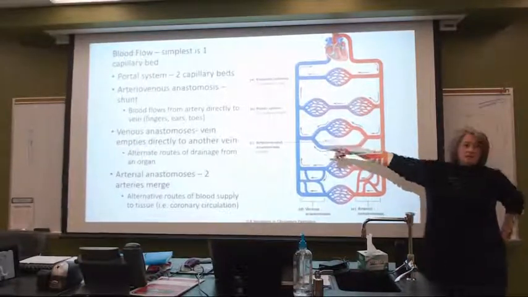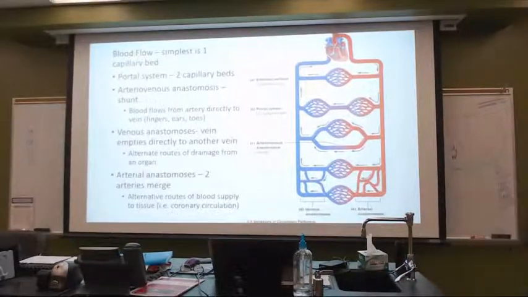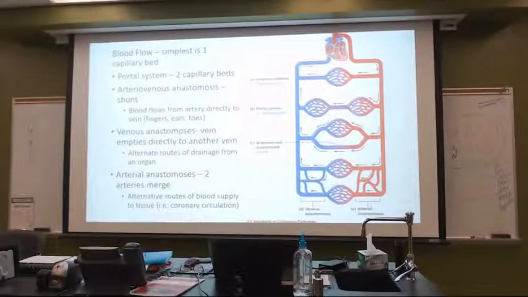We have these in fingers, toes, ears, nose, lips. This is because when there is an exterior environment, meaning you're in 50-degree below zero weather, all right? The last thing that your body is going to care about feeding blood flow to, which is warm, is anything to this exterior part.